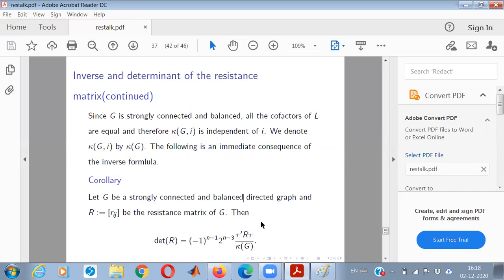If your graph is a tree, then it can be shown that this simplifies: the number of spanning trees is just 1, and this tau transpose R tau becomes n minus 1, and so this will also become 2 raised to n minus 2. Okay, it becomes the earlier formula. So the determinant also has a formula.